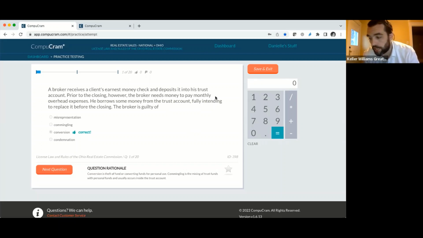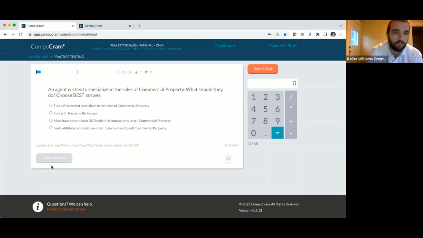Commingling is when you take the right money and put it in the wrong account. So if I took the earnest money check and put it in the operating account, that's commingling my funds. Conversion is where I have the funds in the right account, but I'm using them for the wrong thing, right? And that's clearly what happened here.